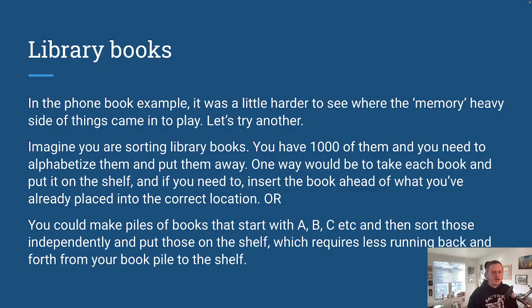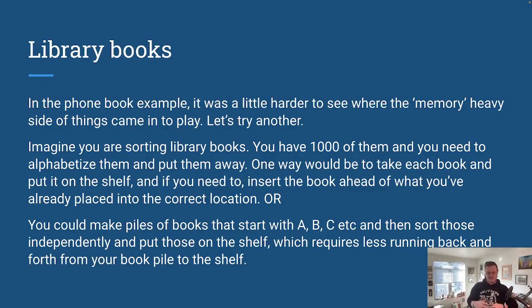So you could make piles of books that start with A, B, C, etc., right? So you have your pile of books that start with A, and your pile of books that start with B. And this would be more memory heavy, right? Like you have to remember which pile is which and what's in each of those piles. But then once you're done with that, you can take the whole pile and sort inside the pile, which is a lot faster than sorting the entire set of books.